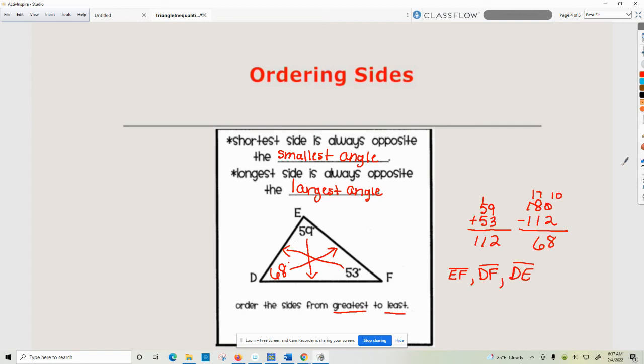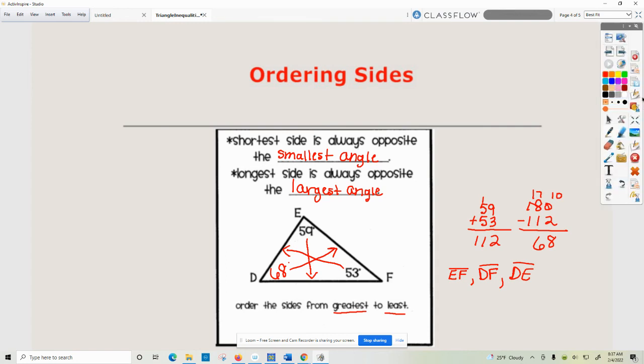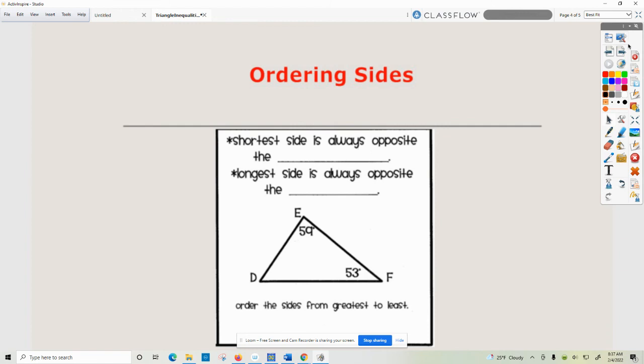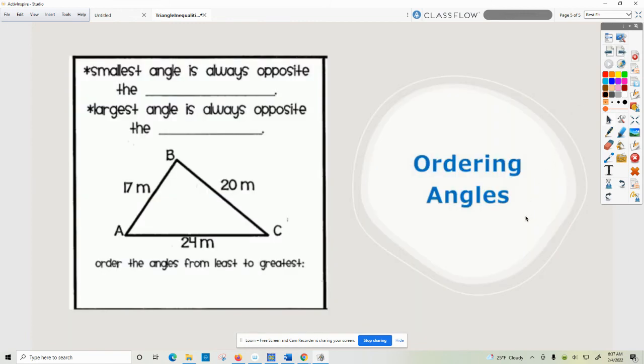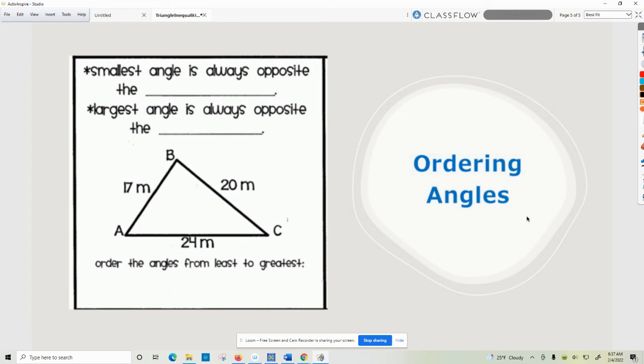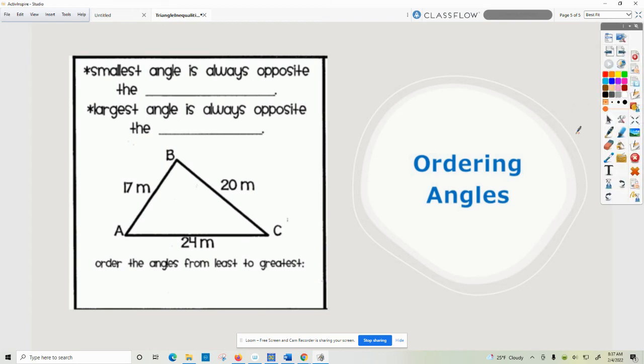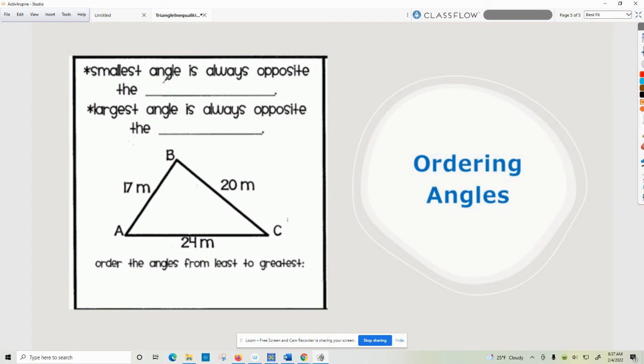Okay. So when I go and do the next one, we're going to do our angles. So we're just going to work in backwards order. Your smallest angle is always opposite the shortest side.